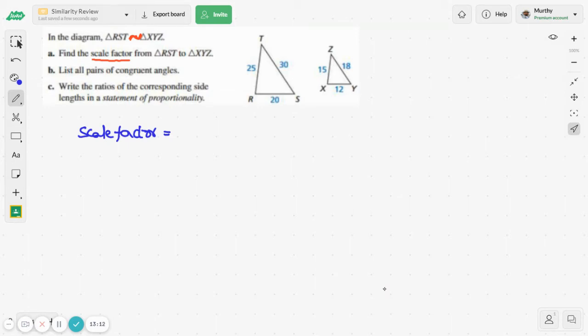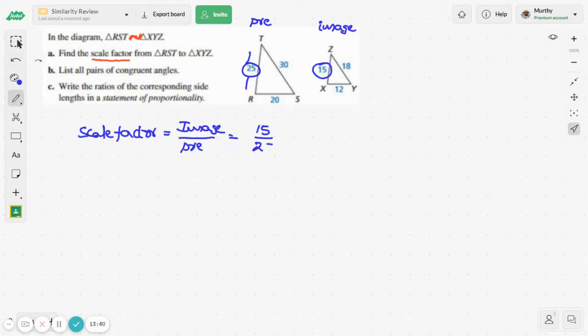So let me consider the first one as the pre-image and the second one as the image. Therefore, you know that it is image over pre-image. You can take any corresponding values. Let's say that here the image is 15, and the corresponding pre-image is 25 units.